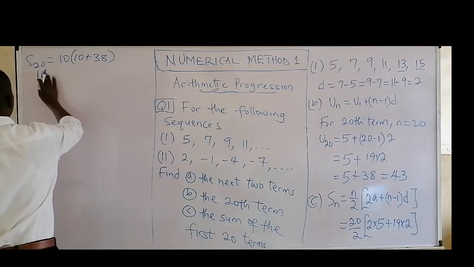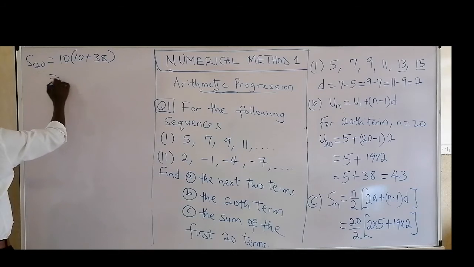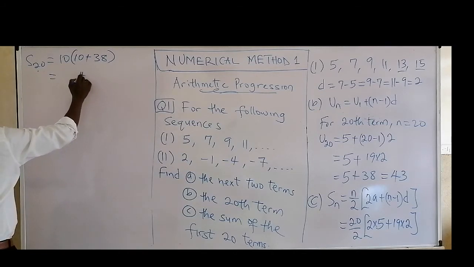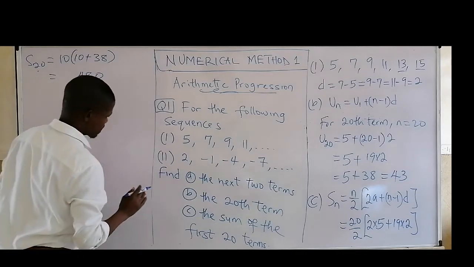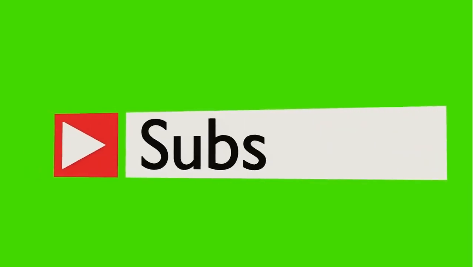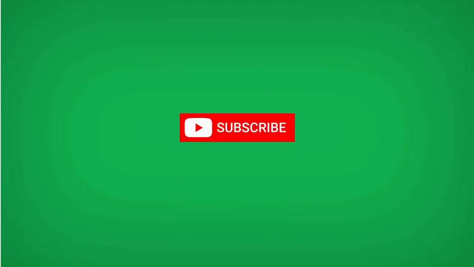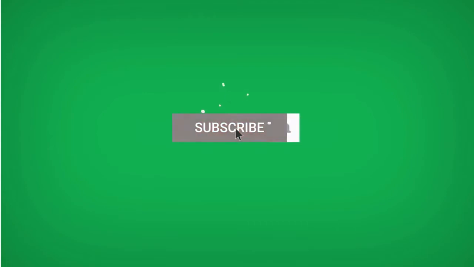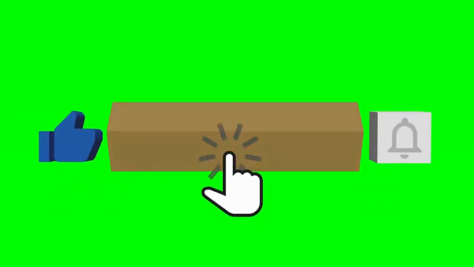So if you do it, this will be 48 times 10, that's 480. Okay? So that ends the first question. Then we'll repeat the process also for the second question.